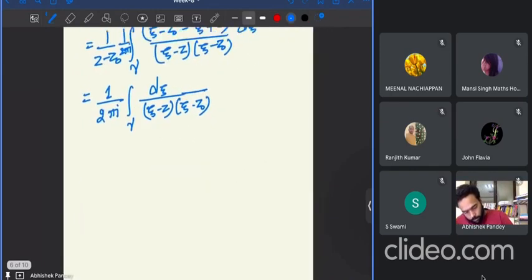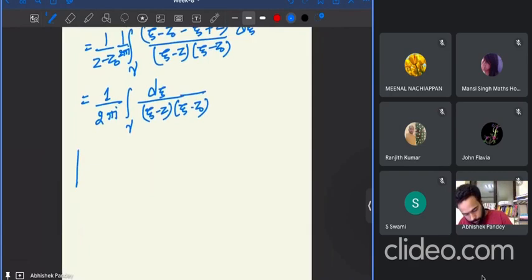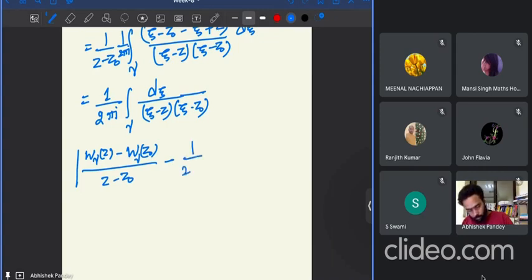Now what we are going to calculate is W gamma of z minus W gamma of z naught upon z minus z naught, minus 1 upon 2 pi i times the integral over gamma of d xi upon xi minus z naught whole square.